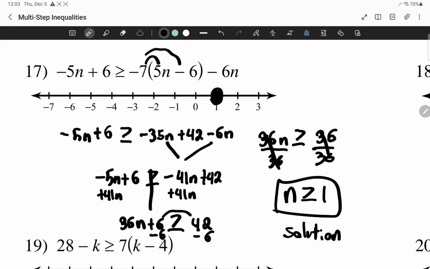Now, anything that's greater than that, let me use a different color so you guys can see, at 1, anything that's greater than that is going to be my solution. Anything that's below 1 is not part of my solution. Just wanted to bring that to your attention.